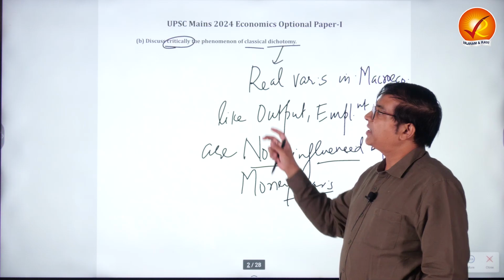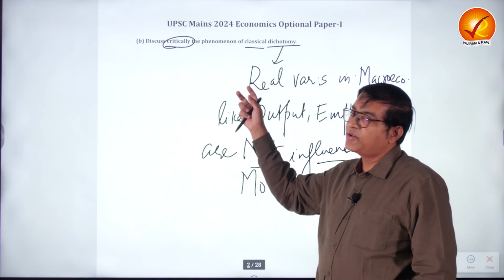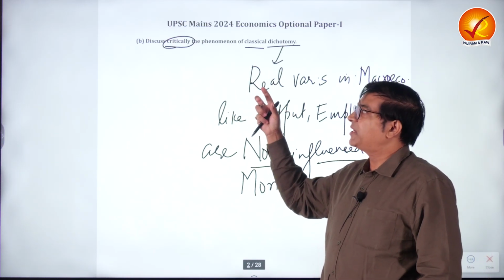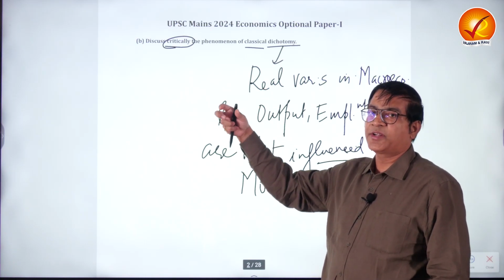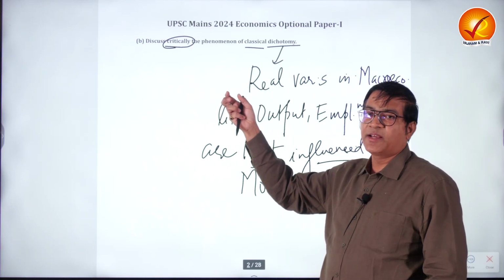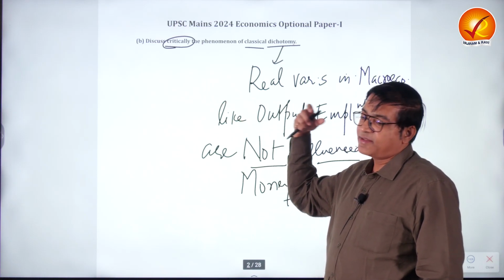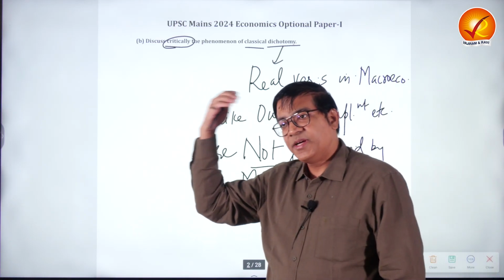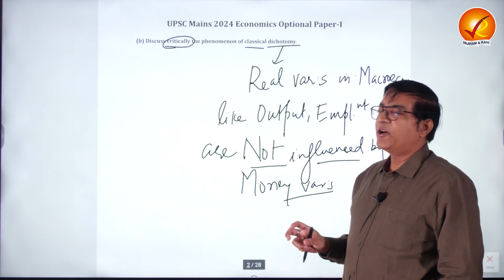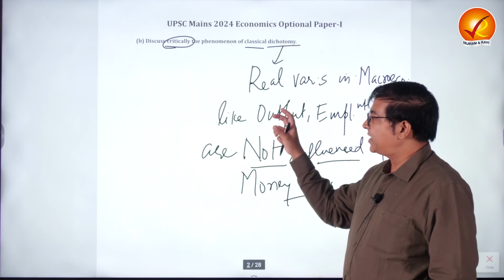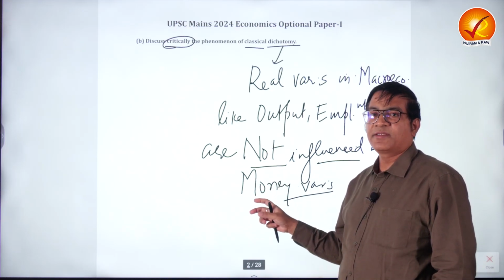For example, in order to handle this question, you can even bring in some of the lessons that you learned from the other schools of macroeconomics, for example, the new classicals, etc. New classicals, who kind of represented the classicals of earlier with some change, also strongly believed that the real and the monetary variables are separate.